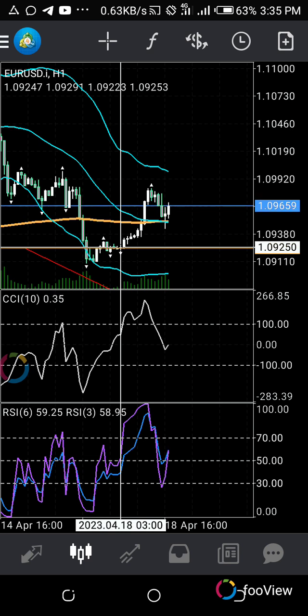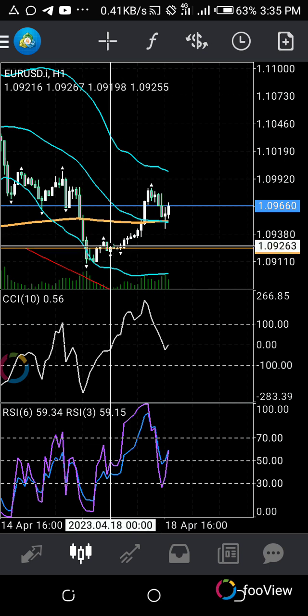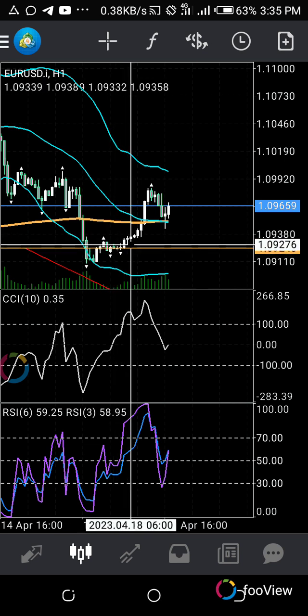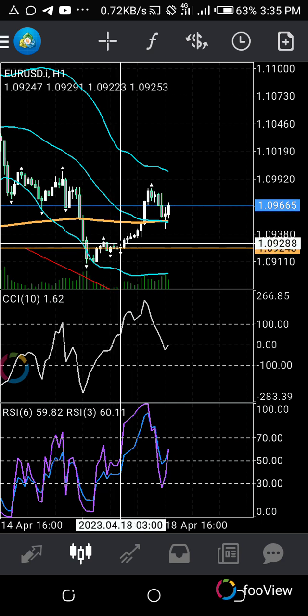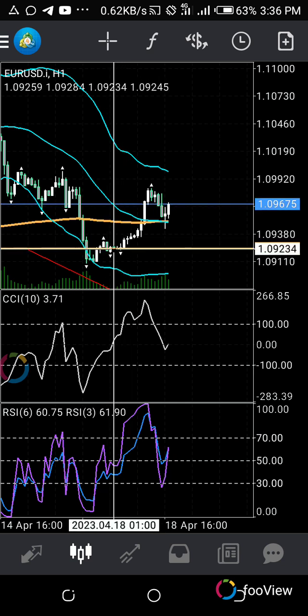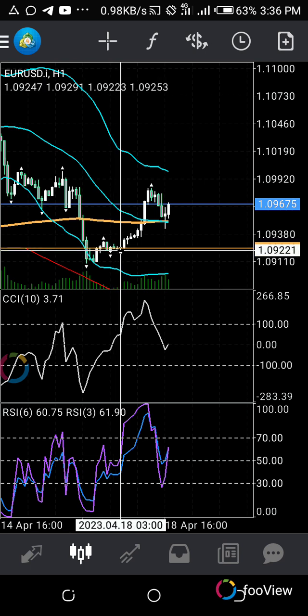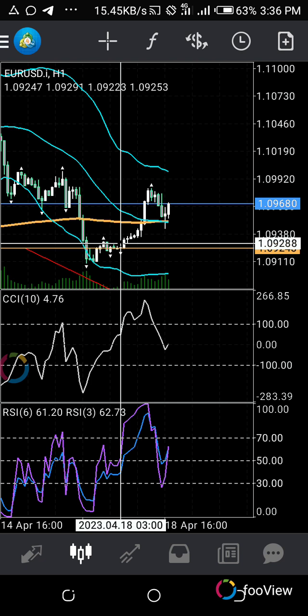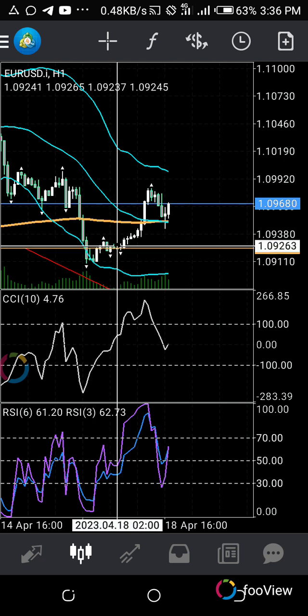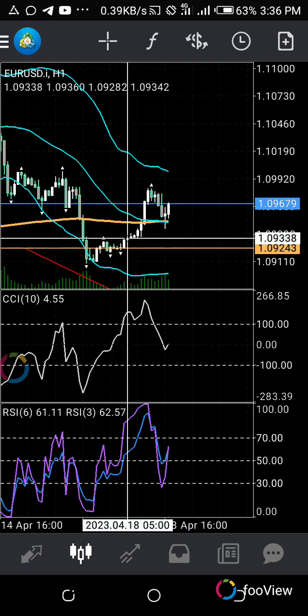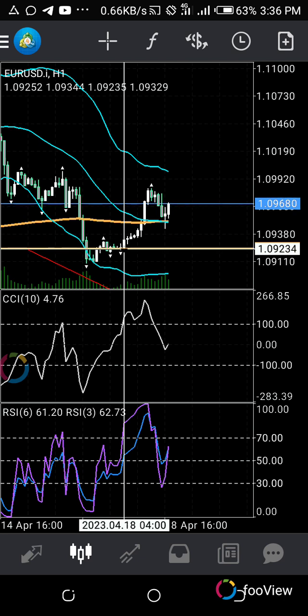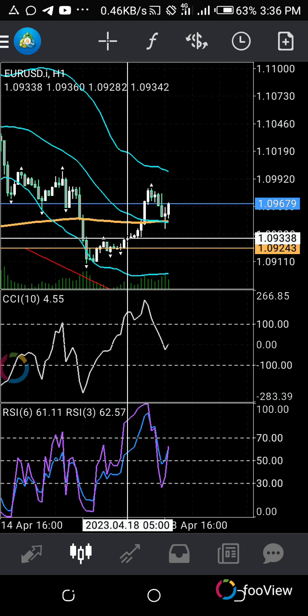So now, because of these indecision candles, personally I'm not going to take the trade. Because of this indecision candle, I'll wait for the close of the candle here, then I'm going to take this next candle.